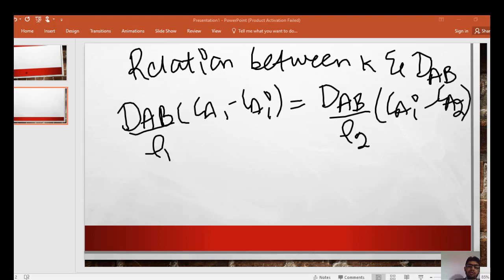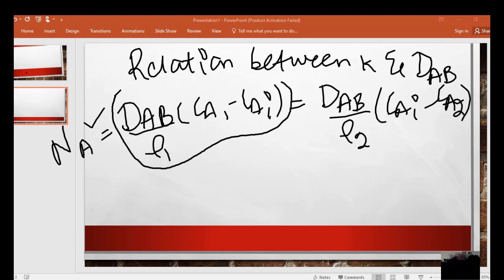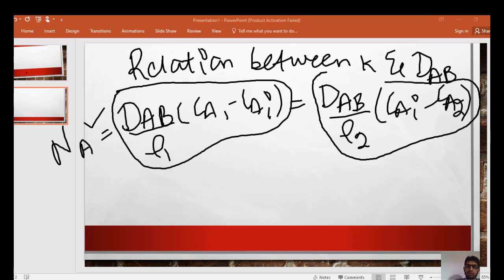So from the two film theory, we said that the flux which comes to the interface from the stationary gas layer is equal to the flux which passes through the stationary liquid layer.